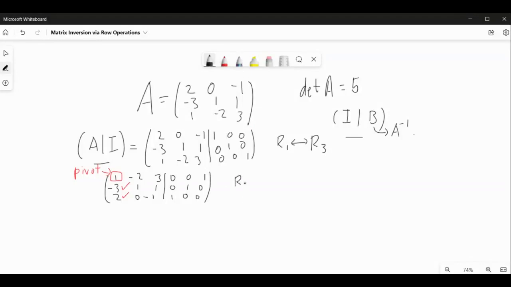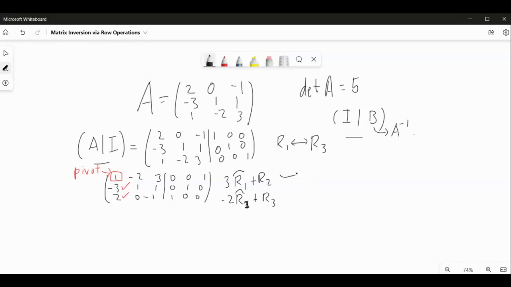So I have a new row 1, which I will call R1 tilde, and I can multiply this new row 1 by 3 and then add it to row 2. And also, I can multiply the first row, which is this R1 tilde, by minus 2, and then add it to row 3.